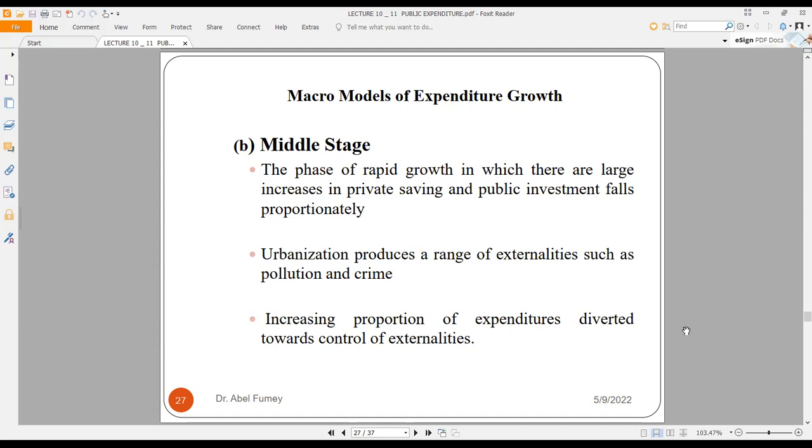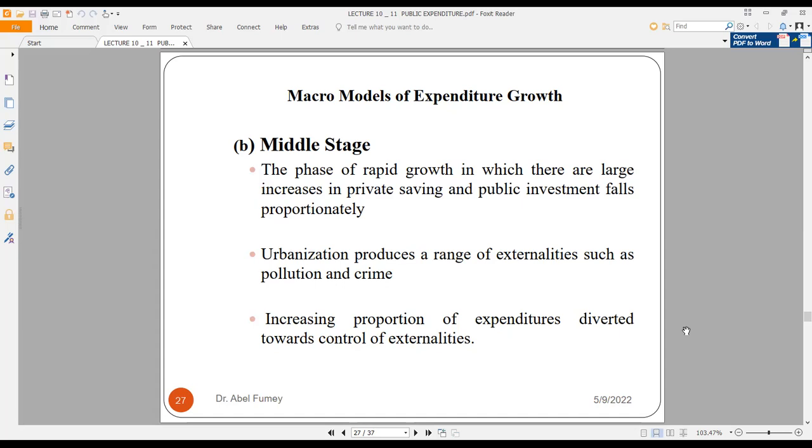So there are going to be externalities. People are coming to the urban centers. They will be having urban crimes, pollution, and all that. So here too, the government will have to step in and take charge, correct the externalities and all that. Here, the government expenditure wouldn't be concentrated much on the provision of infrastructural facilities, but on correcting externalities.